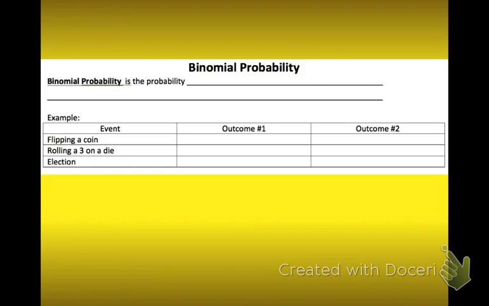So binomial probability, by definition, is the probability that an event will occur X times in Y trials.